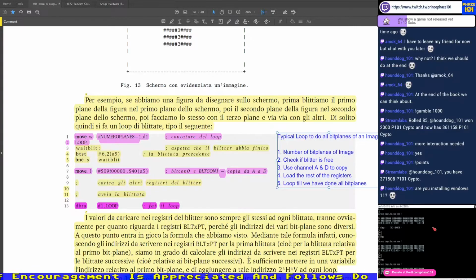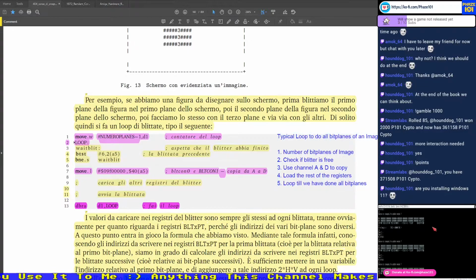First, we set the number of bit planes. If it's not 3 bit planes, we enter the number of bits. So we initialize a loop. Then we check that the blitter is free. Then we use channels A and D to do the copy, reset the registers, load the rest of the registers, do the blit, and loop till we have done all the 3 bit planes. Those are the steps in simple terms.